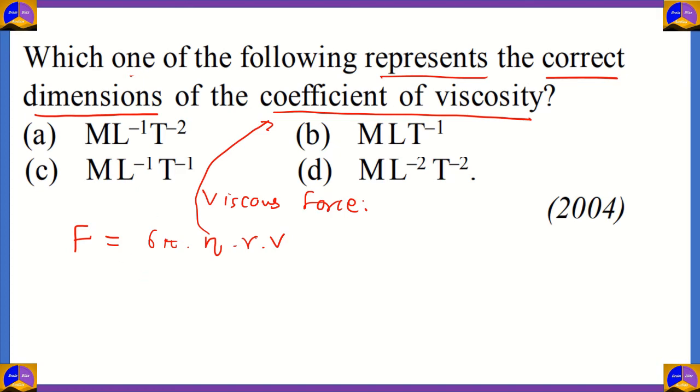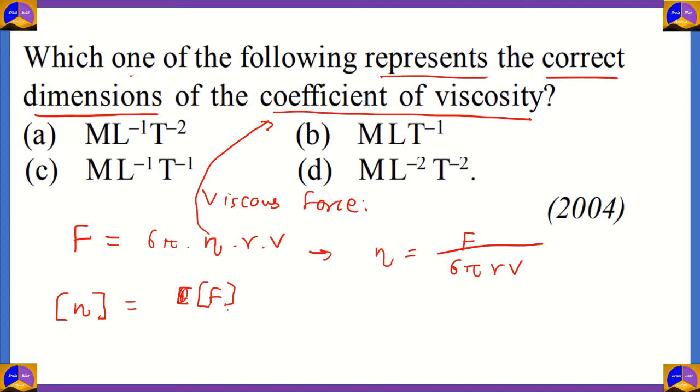So from this formula, you can write eta, the coefficient of viscosity, as equal to F divided by 6 pi RV. When taking dimensions, you get the dimensional formula for coefficient of viscosity as the dimensional formula for force divided by the product of the dimensional formulas of R and velocity.